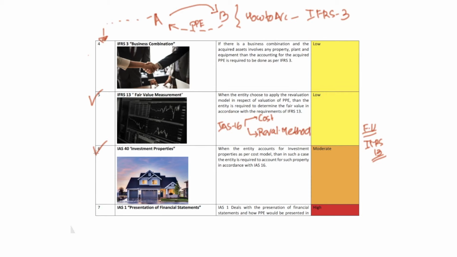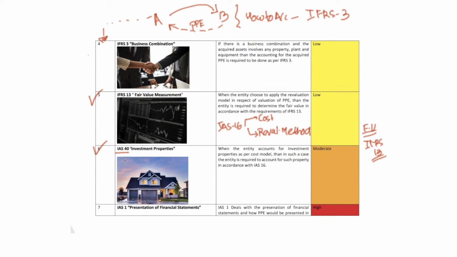The next standard that has implications over property, plant, and equipment is IAS 40. IAS 40 deals with investment properties.